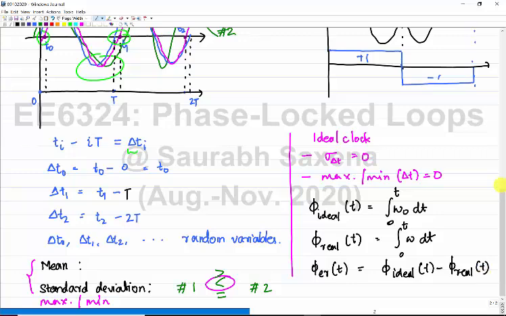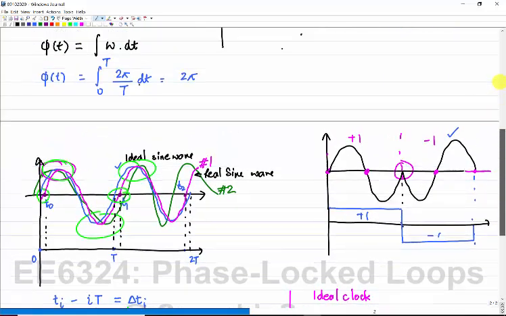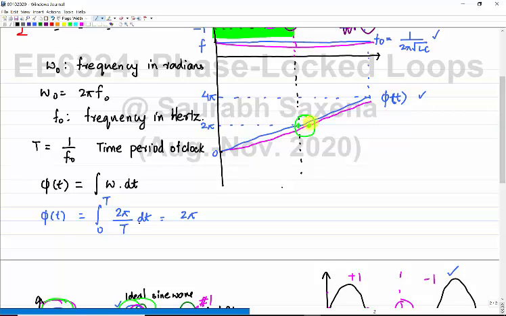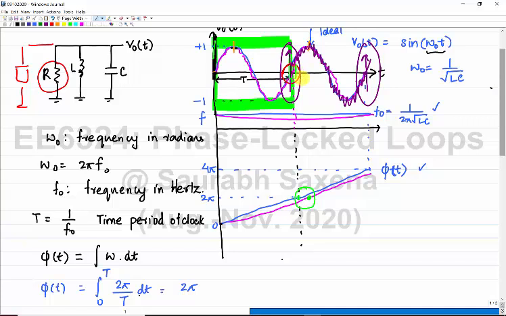This is my phase error. If you look at this waveform which I have shown you here, there is a separation between the zero crossing of the two clocks. If they start at the same point, you are going to see the same separation here, because whenever a clock completes one time period, it will accumulate 2 pi.